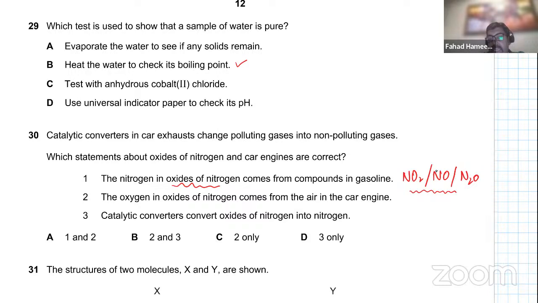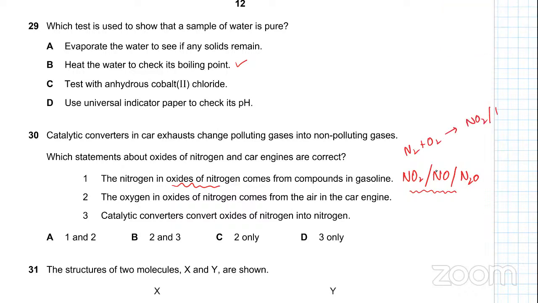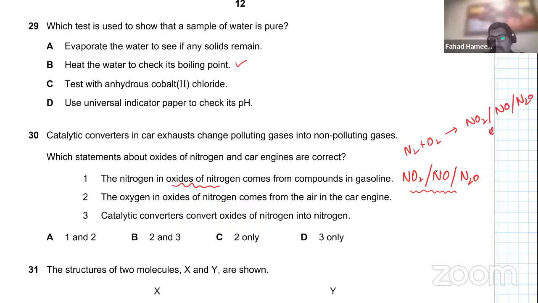What happens is, when air heats up, air has two things, nitrogen and oxygen, right? So at very high temperatures they start reacting, okay? And so they're not produced by gasoline. They're in the air. It's just when the temperature is very high, especially in car engines, and there's another place which is lightning strikes.